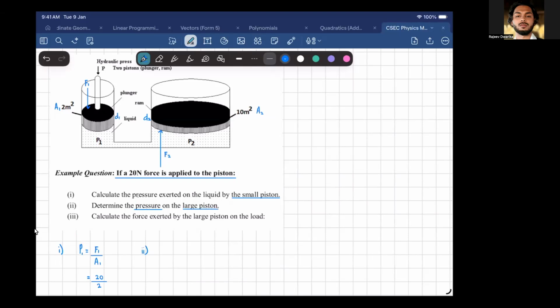It's very similar to the first question, because in the first question we calculated the pressure on the small piston. Matter of fact, we don't have to do any working. I know you could figure this out, Jaden.